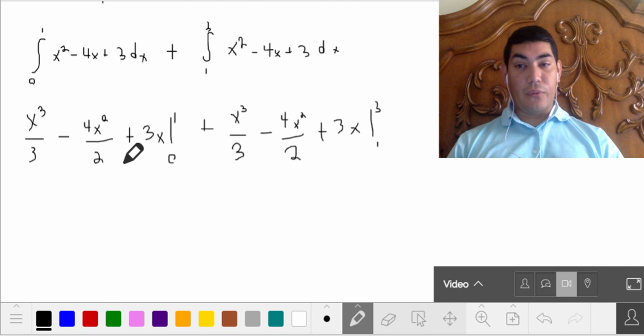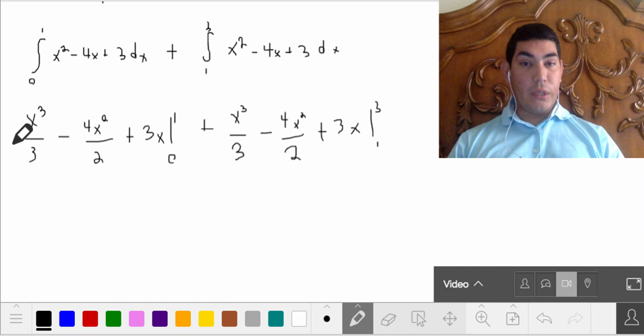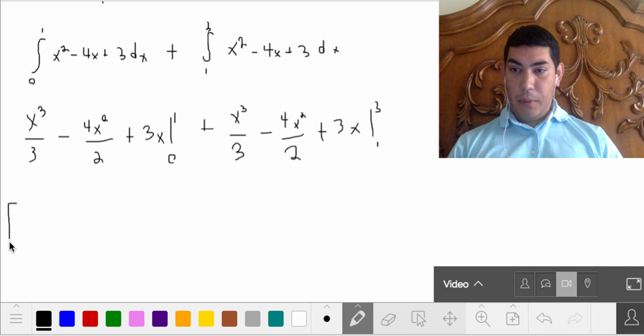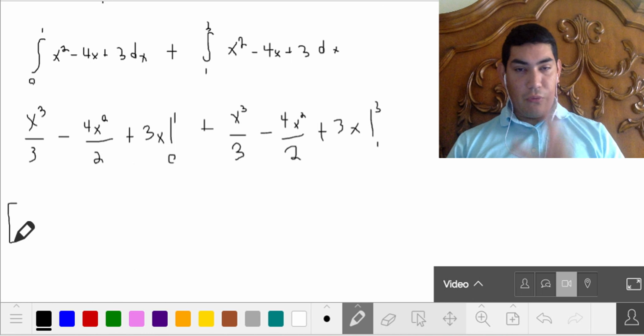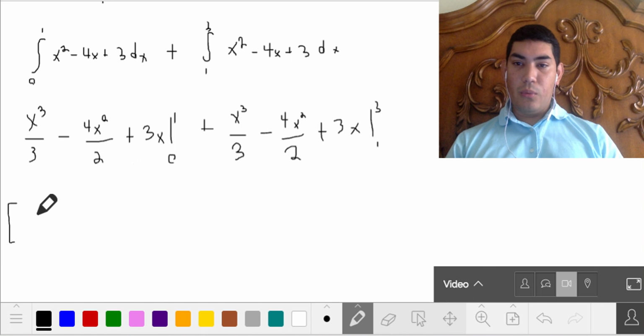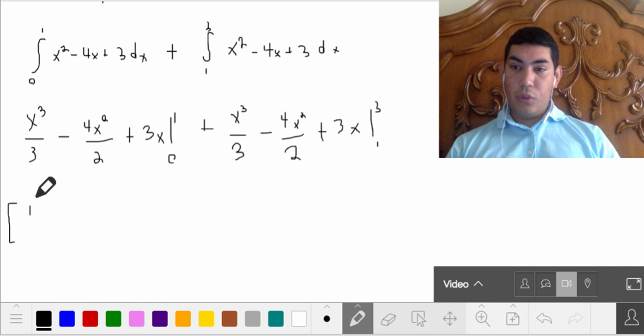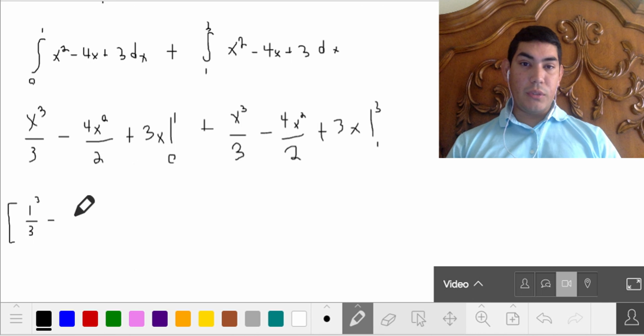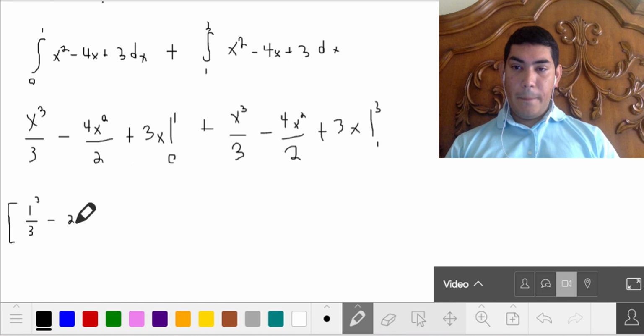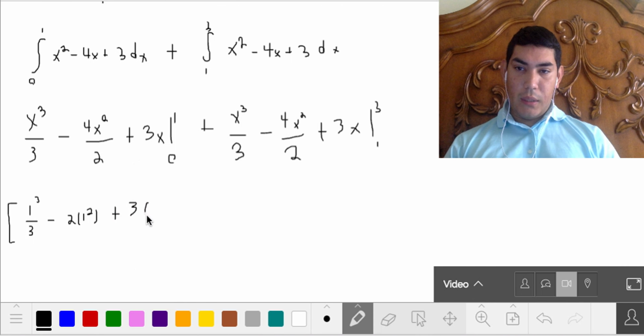Let's start with the first part, inputting 1. I'm going to write a bracket so we can separate them, find our solution, then add those two values. So 1 cubed divided by 3, minus, like I mentioned, 4 over 2 is just 2, so 2 times 1 squared, writing parentheses to show that we're multiplying, plus 3 times 1.